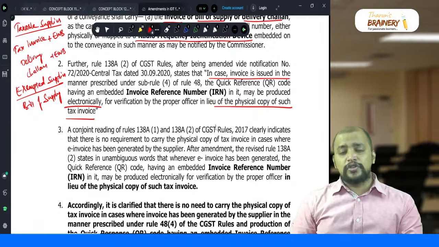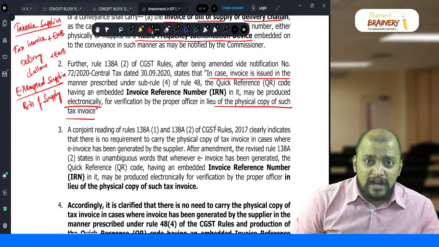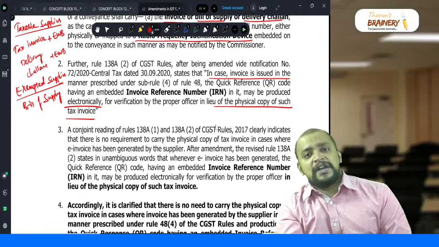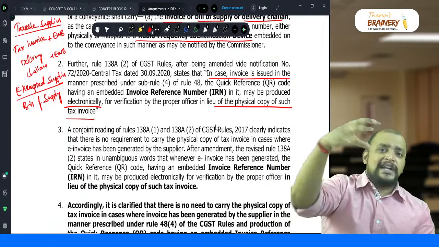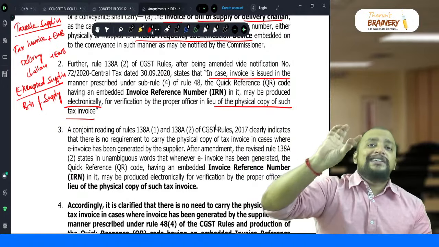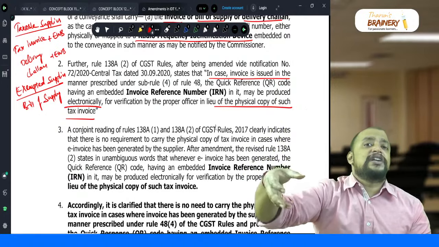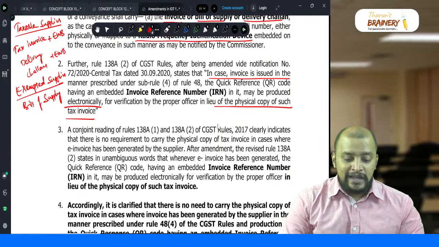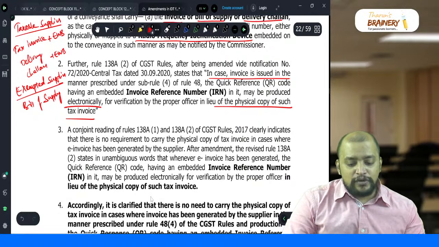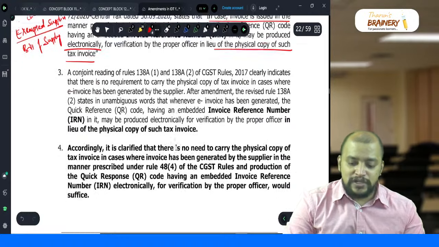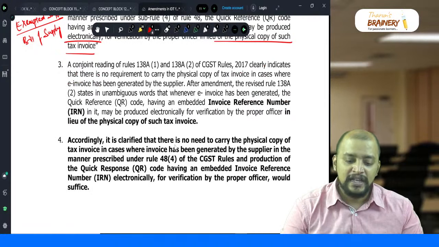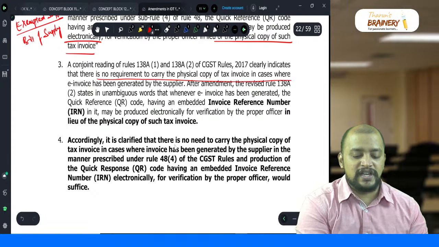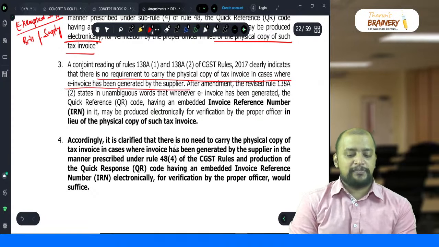So everything should be mapped to the RFID device, or convert all these e-way bills into a consolidated e-way bill, EWB2, and take the e-way bills along with the consolidated e-way bill along with the journey. So physical copy, okay. A conjoint reading of Rule 138.1 and 138.2 clearly indicates that there is no requirement to carry a physical copy of the tax invoice where e-invoice has been generated by the supplier.